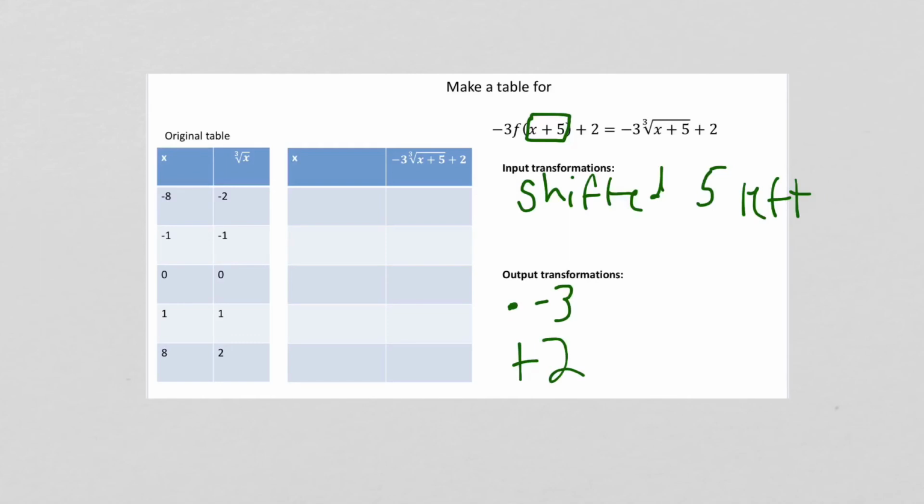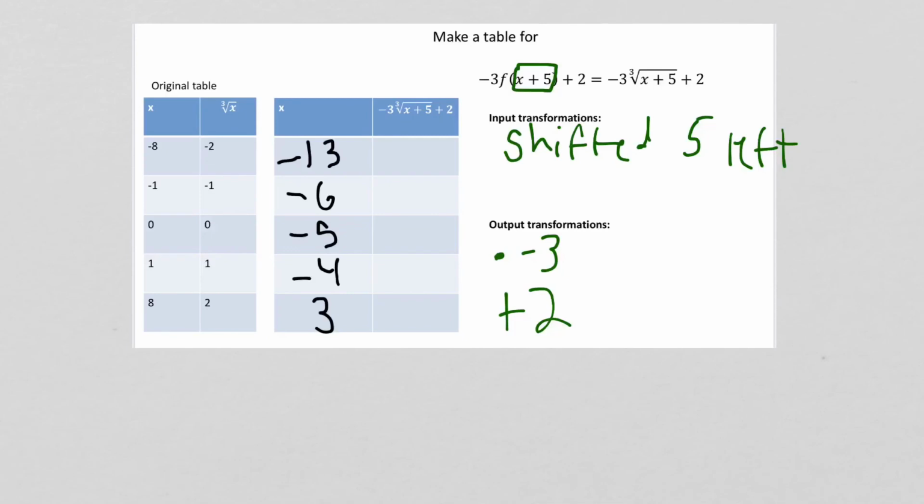Okay? So first let's affect our inputs. We're going to subtract 5 from all of our inputs. So we have -8, we're subtracting 5, that's -13. -1 minus 5, -6. 0 minus 5, -5. 1 minus 5, -4. 8 minus 5 is 3. Okay? So for our outputs, let's do a different color here.